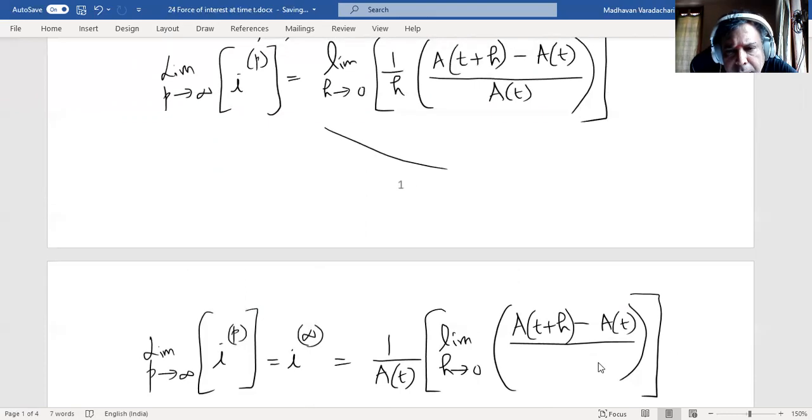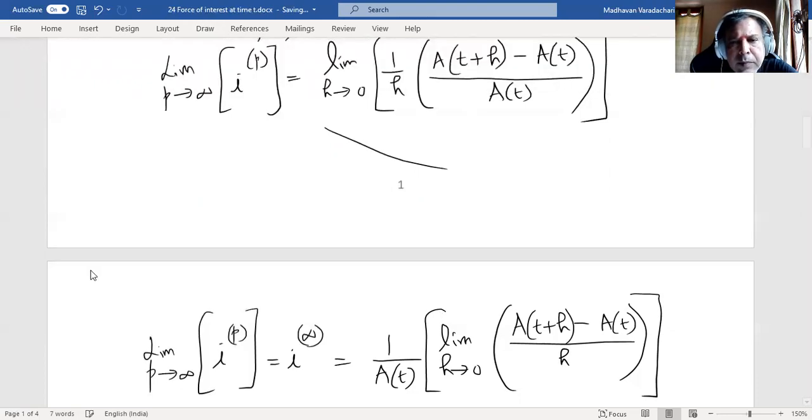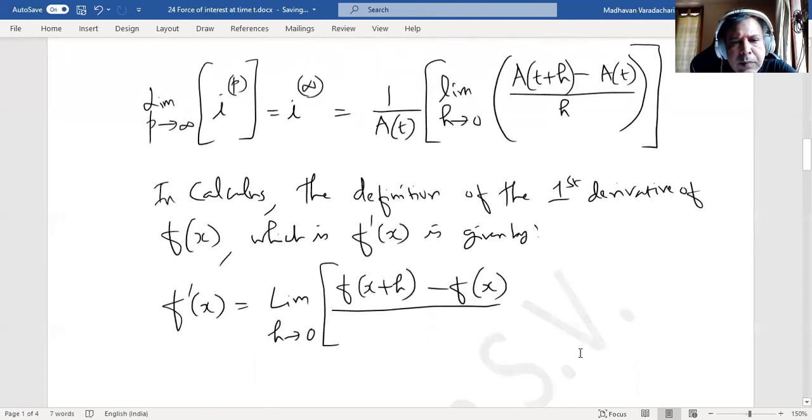This is actually h. I took it outside the limit, but h should be inside. Divided by h.